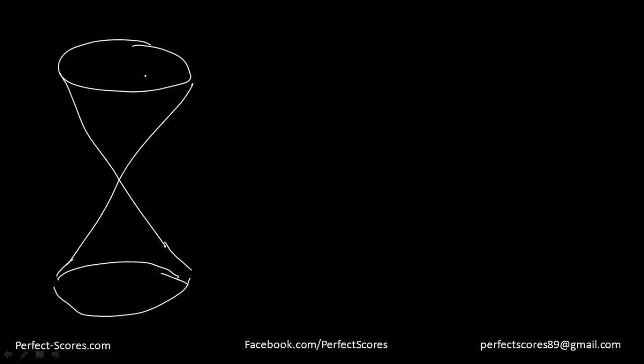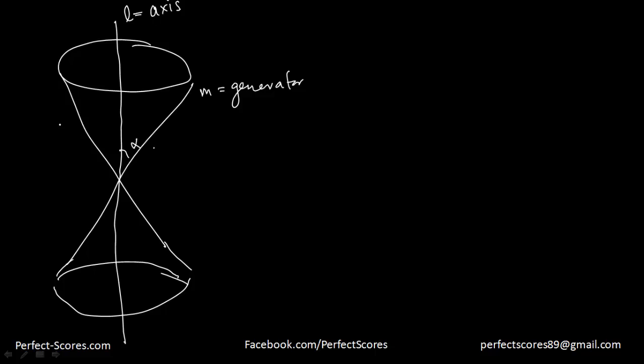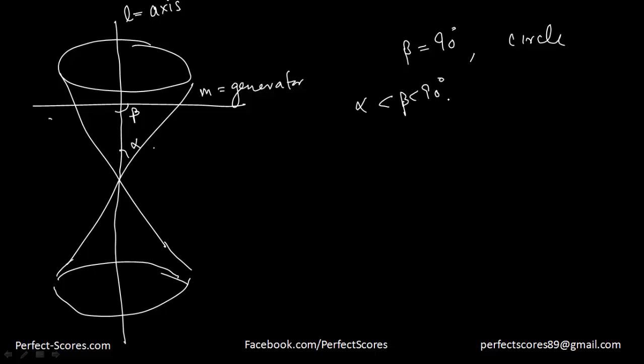Let's suppose this is the cone, and this over here is line L, which is known as the axis, and this line M is known as the generator, and this is the angle between them, and this is the angle that I make with the cut. Now if the angle beta is equal to 90 degrees, then we get a circle. If the angle beta is less than 90 degrees but greater than alpha, then we get an ellipse, which is something like this.